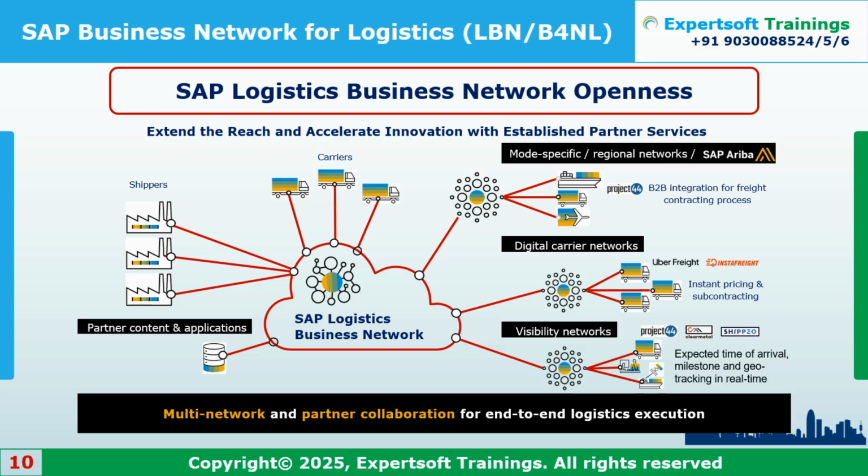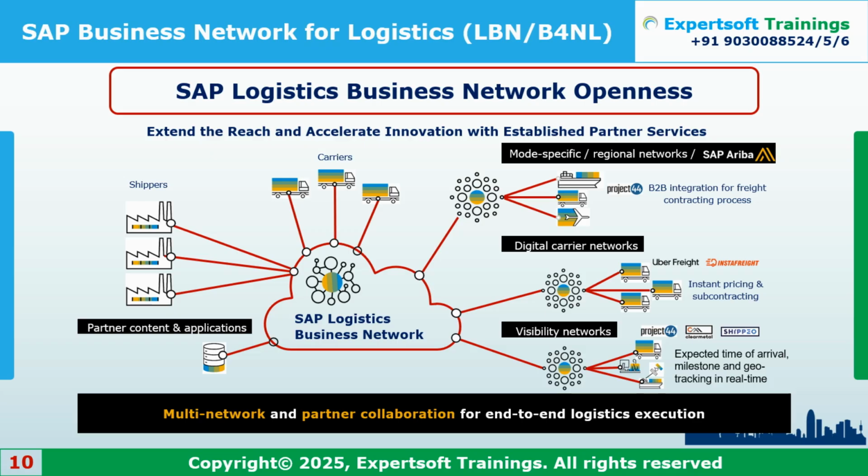I'll explain to you how this communication happens. But directly, if you see here, just as of now, to address your part, you have a connectivity with LBN, and that LBN is connected to the third-party system, S4HANA system, to the shipper tenant. Okay, so this is the process flow you have.